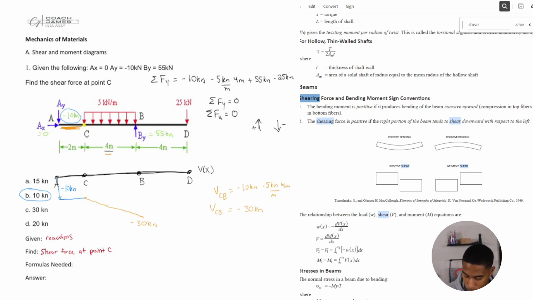Okay, now at point B, we have this big jump. So shear at B is equal to, we're at -30, but we have this positive 55 kilonewtons, right? So V, shear at B, is equal to 25 kilonewtons.